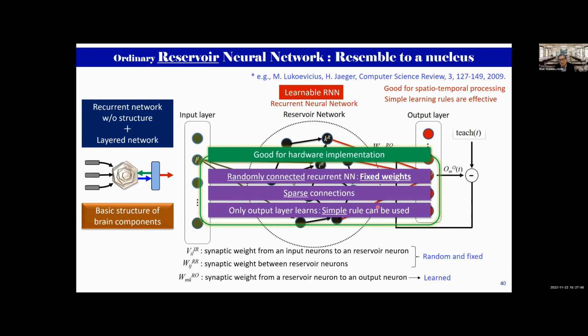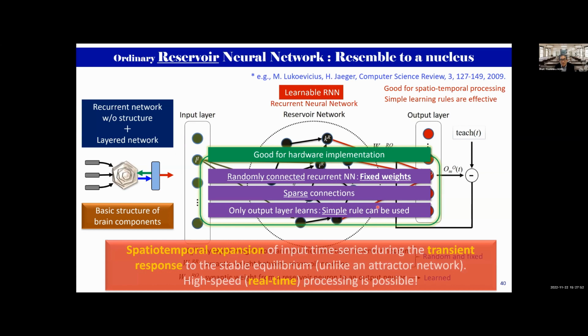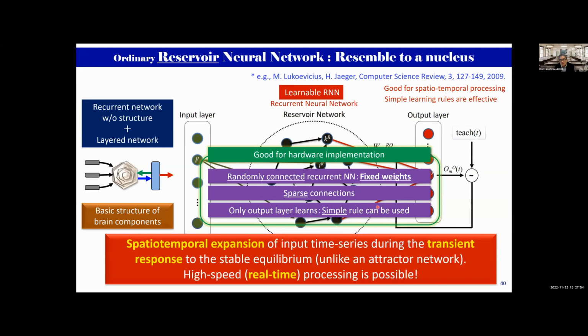So this is very good for hardware implementation. More importantly, this reservoir neural network approach processes information through transient response, unlike the attractor network, which always uses attractors. So this framework gives very quick calculation, maybe real-time processing.